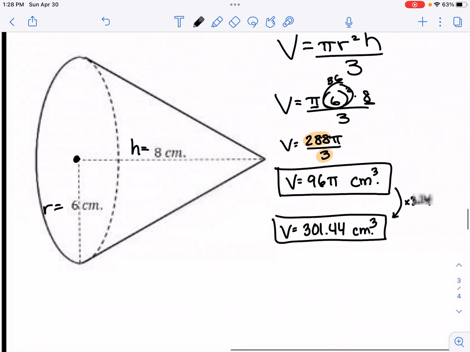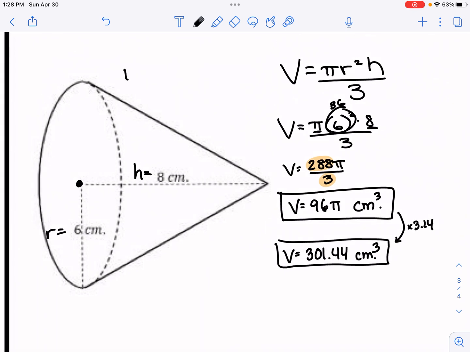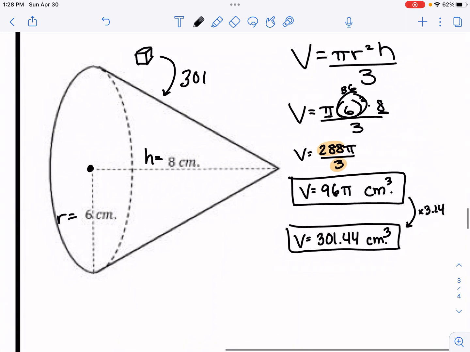So let's say 1 cubic centimeter looks like this, 1 cube. It would take about 301, well, more than that, 301 of these tiny cubes to fit in this entire space. So that's how much space this cone is taking up.